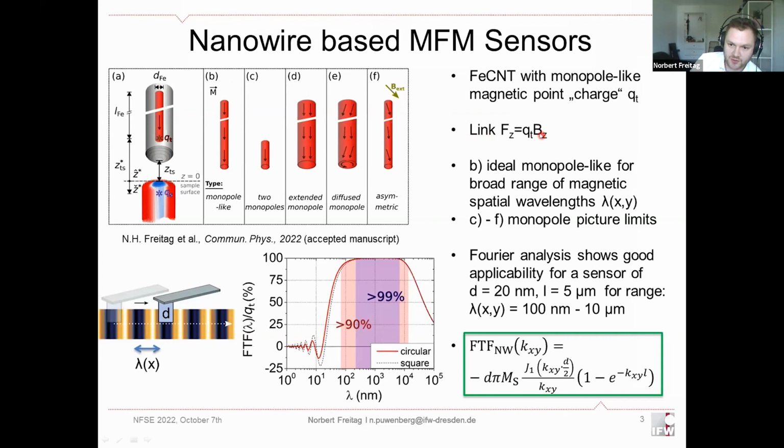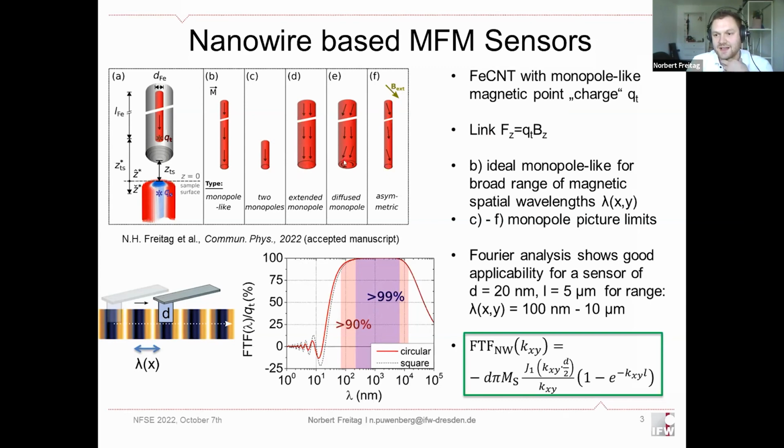stray field components. The limits of this monopole-like picture are depicted in C, D, E, F, where you see here a short nanowire where the pole is also giving stray fields and affects the outcome. Here in D, we have an extended monopole, a smeared out monopole on this free end.